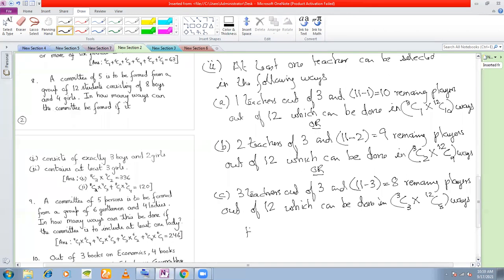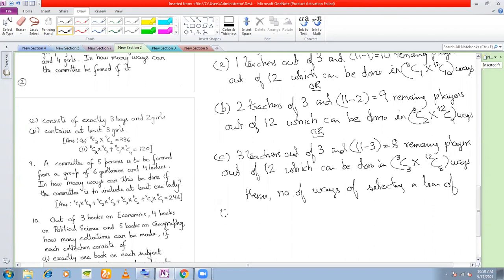Hence, number of ways of selecting a team of 11 players so as to include at least one teacher is equal to 3C1 into 12C10.